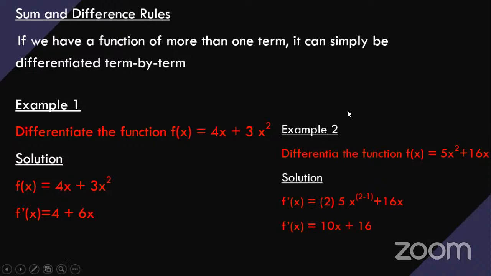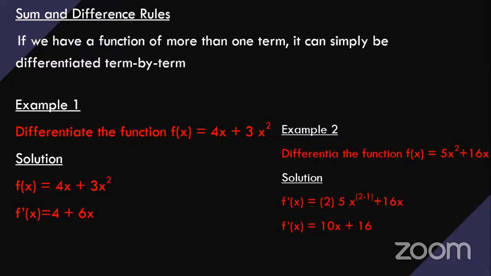We bring the 2 down and multiply it by the function, then reduce the power by 1. So here we have 10x plus, looking at 16x, when we differentiate 16x we have 16. Therefore, our answer is 10x plus 16.